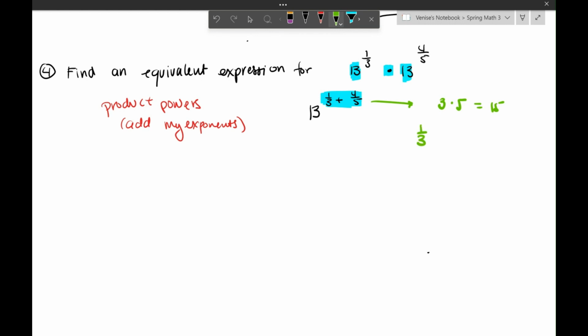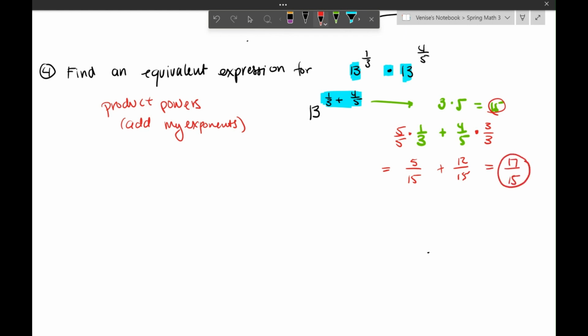So I have 1/3 plus 4 over 5. I want to multiply 1/3 by 5 over 5 to get 15, and multiply 4 over 5 by 3 over 3. I get 5 over 15 plus 12 over 15, which is 17 over 15.